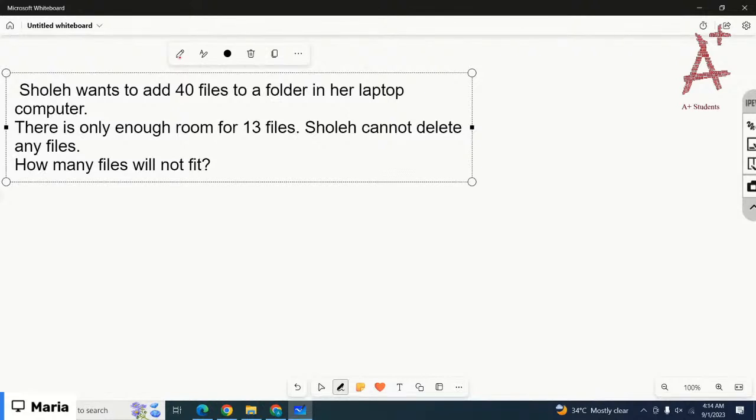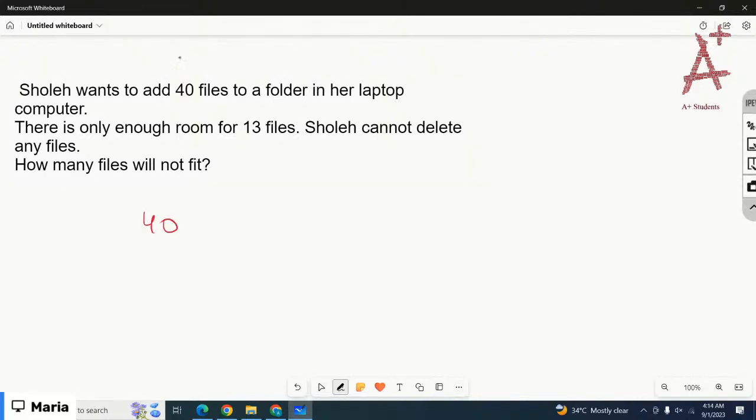There is only enough room for 13 files. So Shola didn't delete any files. How many files will not fit? He wants to add 40 files, but he has space for just 13.